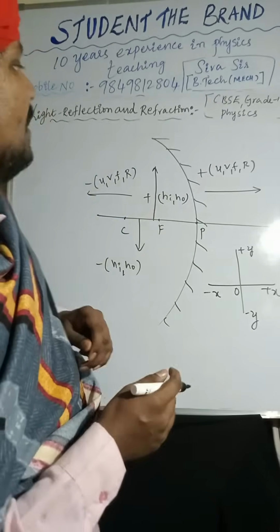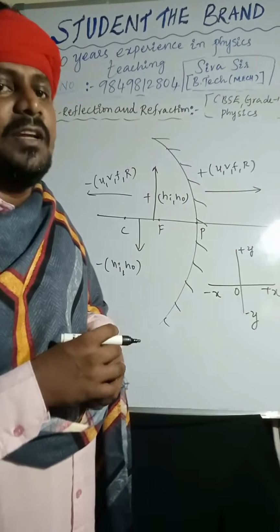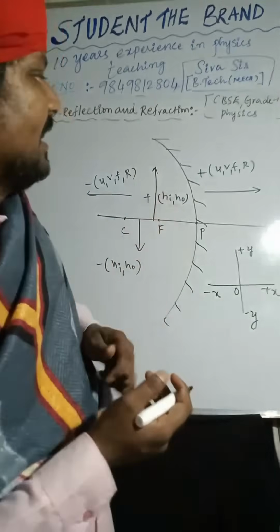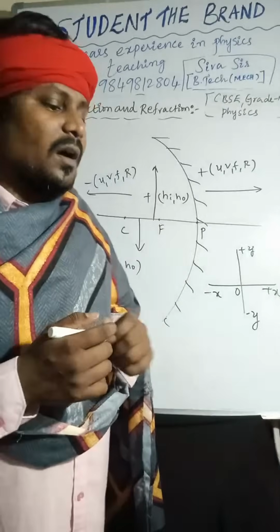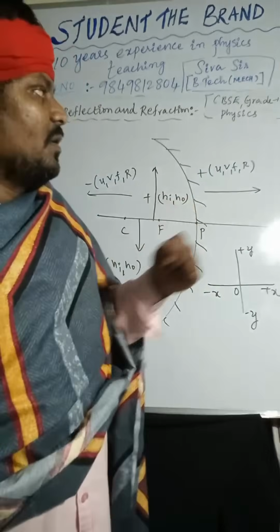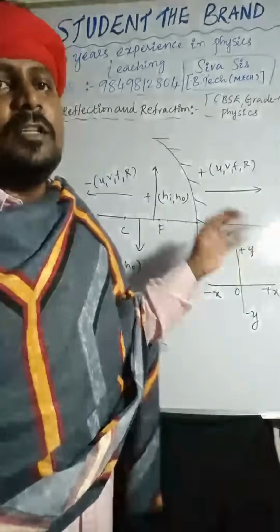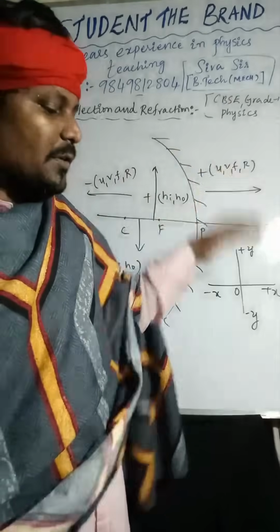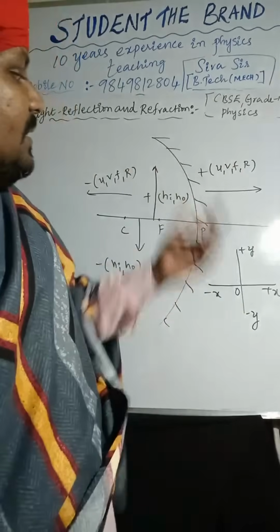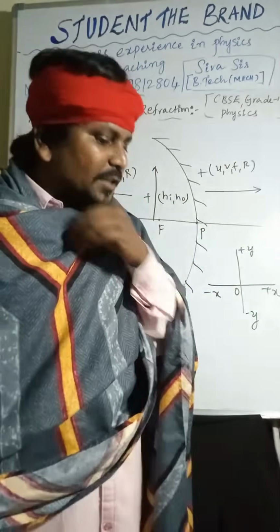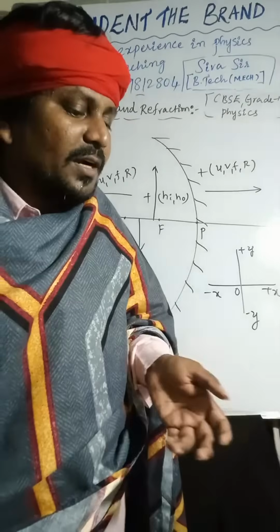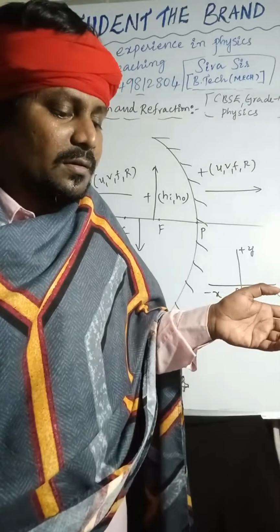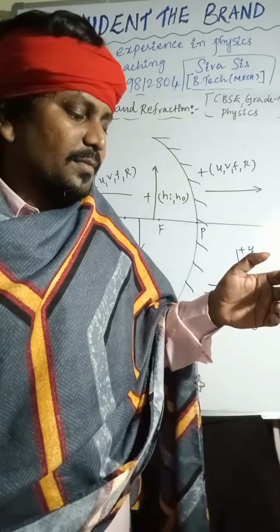So this is the new Cartesian sign convention, simply we can say sign conventions. Once again, all distances are measured from the pole. Along the incident rays, positive; opposite, negative. Above the principal axis, positive; below, negative. I converted this into the form of a song. So this is the song.